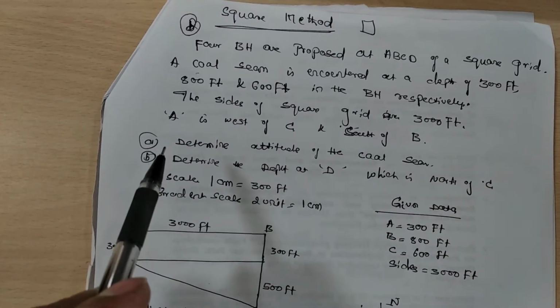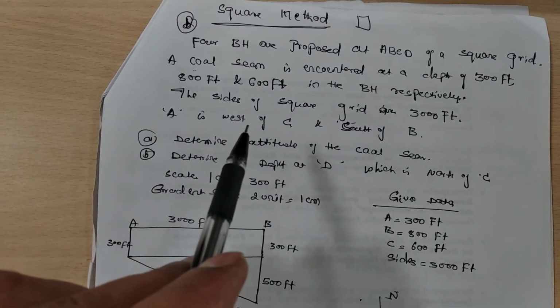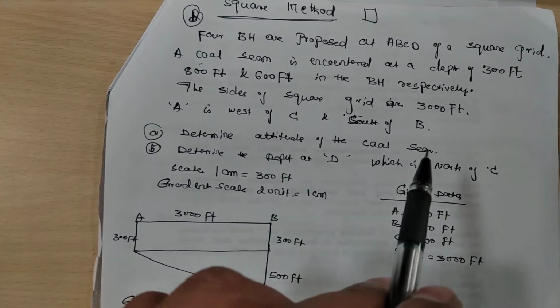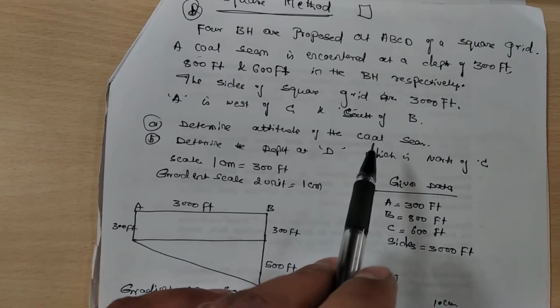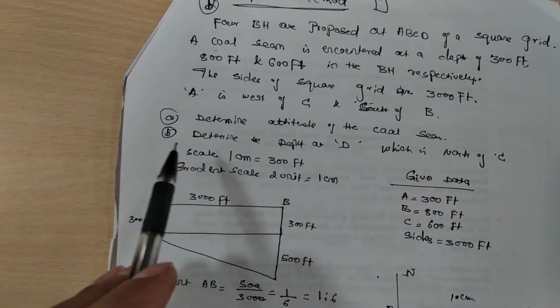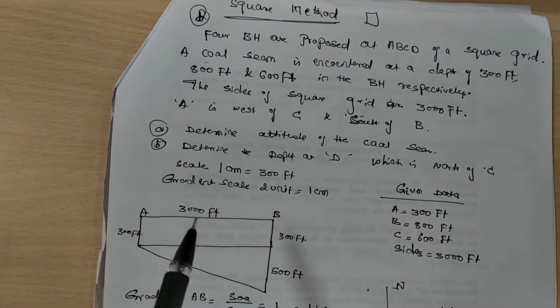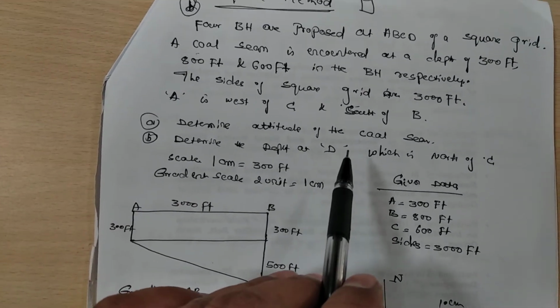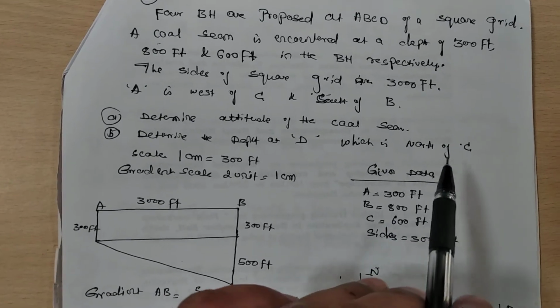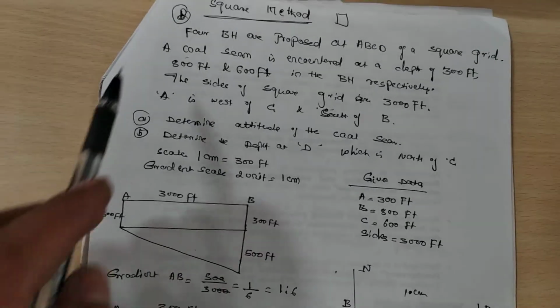Okay, so borehole A is located west of C and south of B. All we need to calculate is the attitude of the coal seam. That means you need to find out the dip and strike of the coal seam. So determine the depth at D borehole, which is north of C. Okay, this is the question.